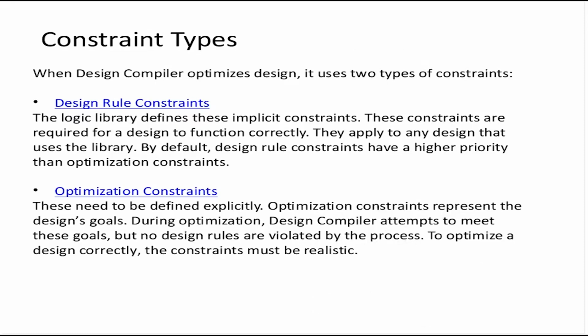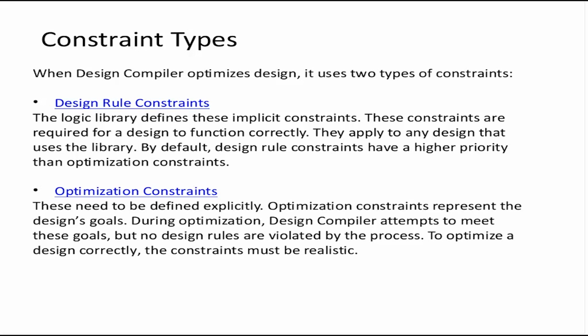Now design constraints are majorly of two types. First is the design rule constraints. Design rule constraints are, in most cases, implicit constraints, and they come from the standard cell library, the logic library. The cells we are using might not be standard cells; they might be an analog macro, a memory, a PLL, for example.